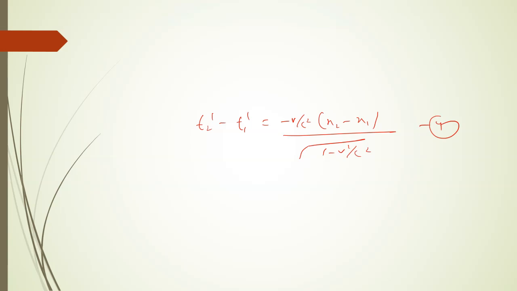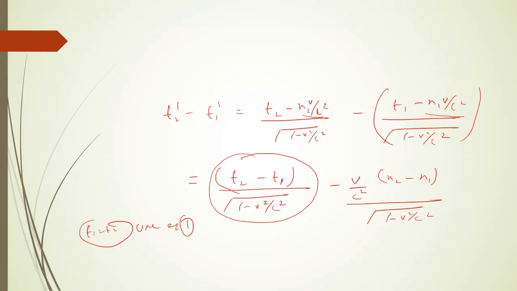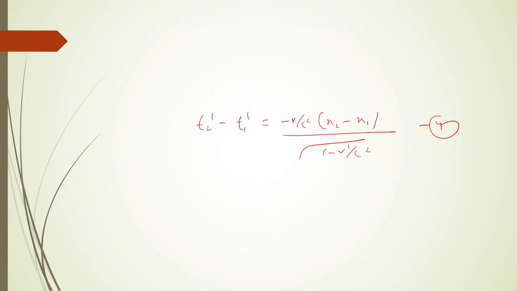Now, as these two events, from the frame S, occur at different positions, x1 and x2, these positions are different, so x1 is not equal to x2.